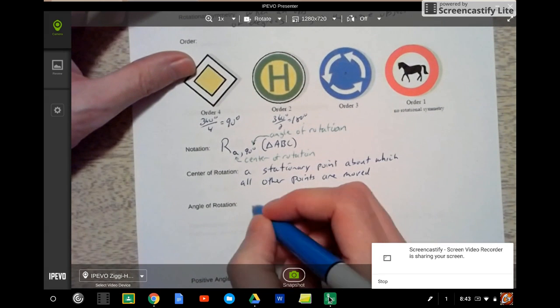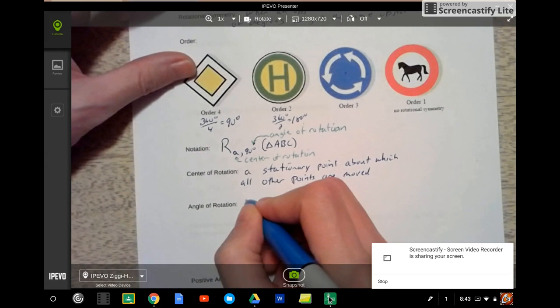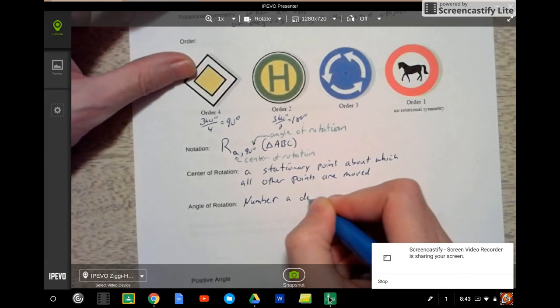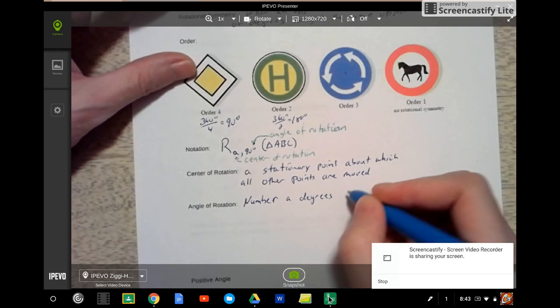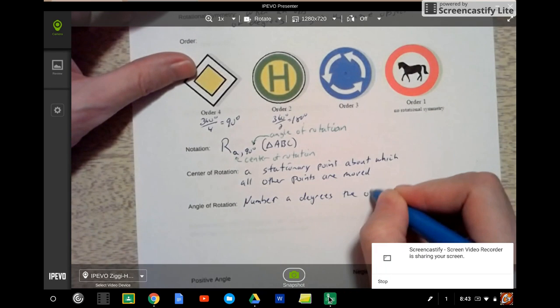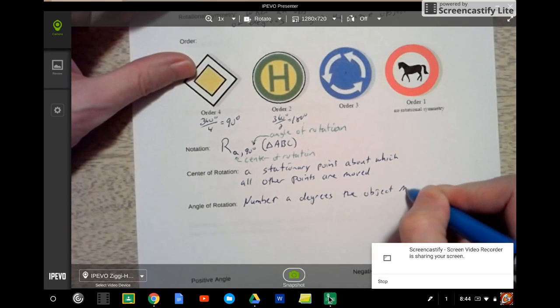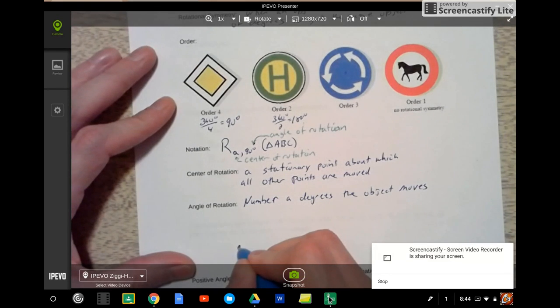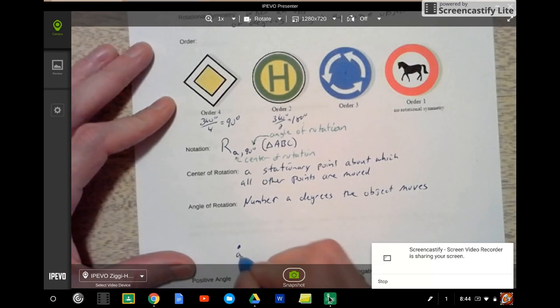The angle of rotation is the number of degrees the object moves. So if I've got, let's say this, we'll call this point A is my stationary point.